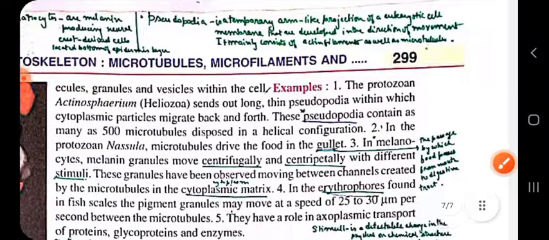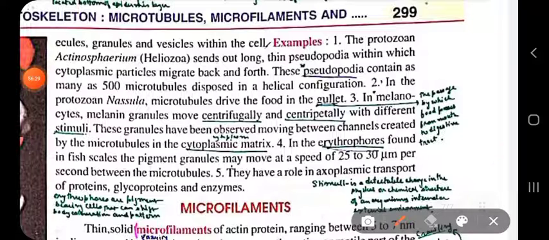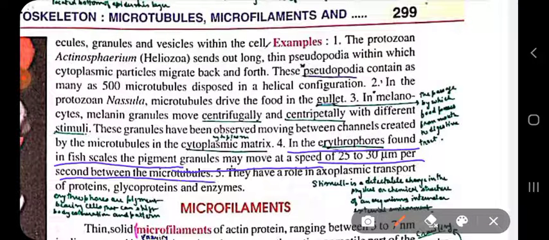Then the fourth example: the erythrophores, which are found in fish scales, with pigment granules that may move at a speed of 25 to 30 micrometers per second within the microtubules.